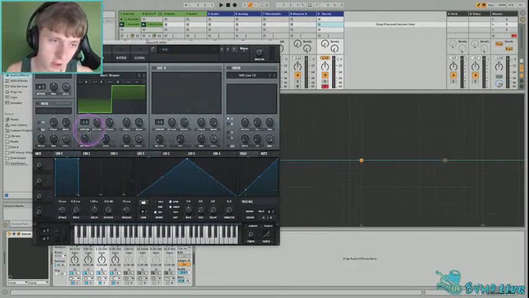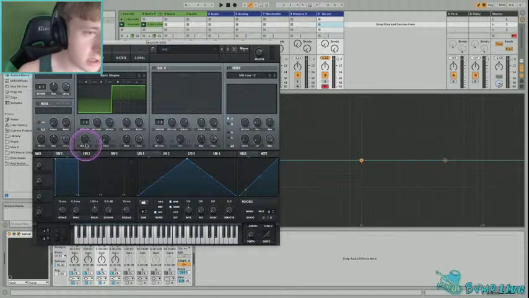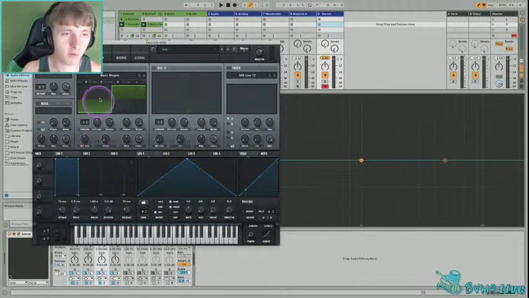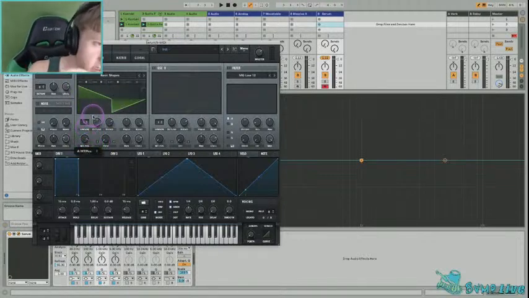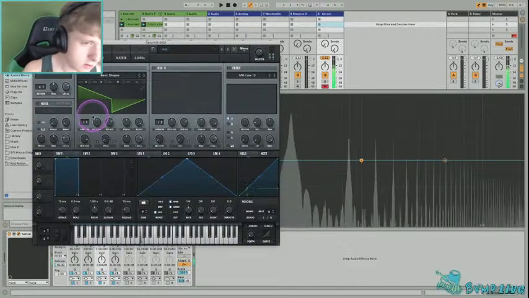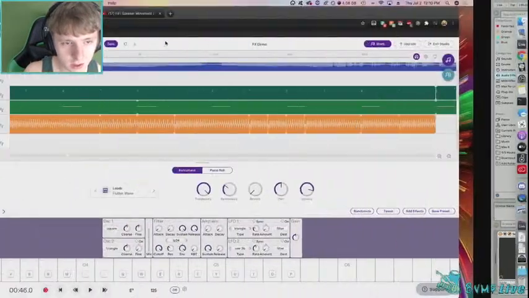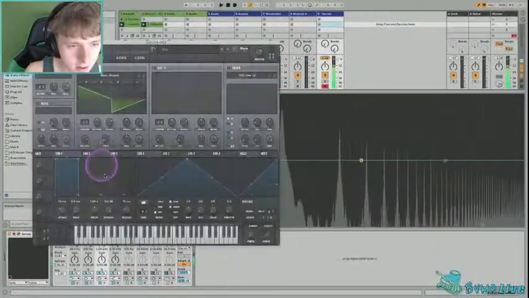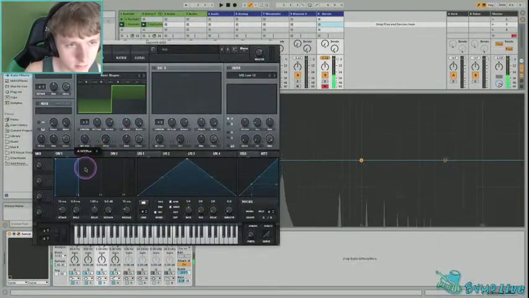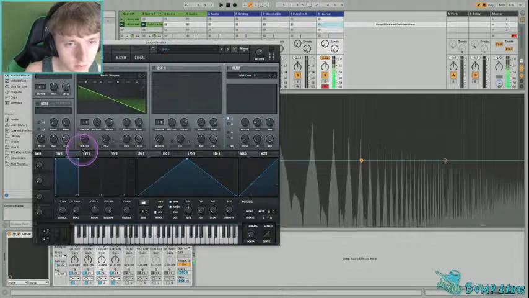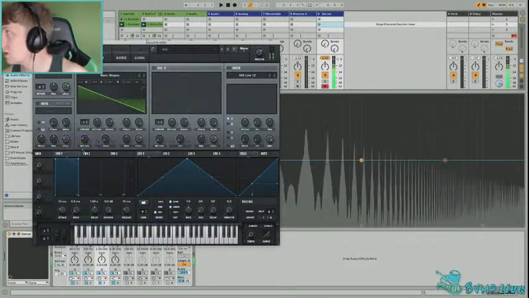But before that, let's hear saw now. So Sawtooth is a very common waveform. It's the most rich waveform there is. There's our Sawtooth.